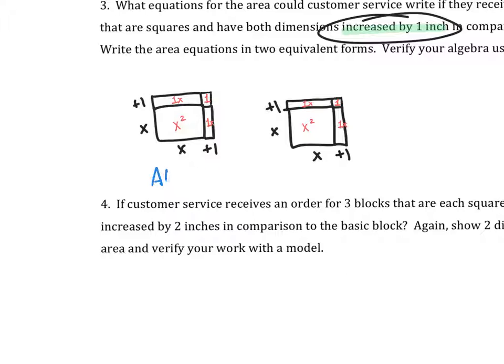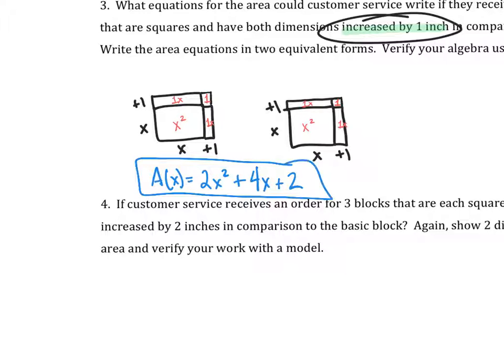Wait, I gotta write my area is 2x squared. Then I have 1, 2, 3, 4 x's, so plus 4x. And then I have 1, 2 of those guys, so plus 2. Boom. That's one equation.